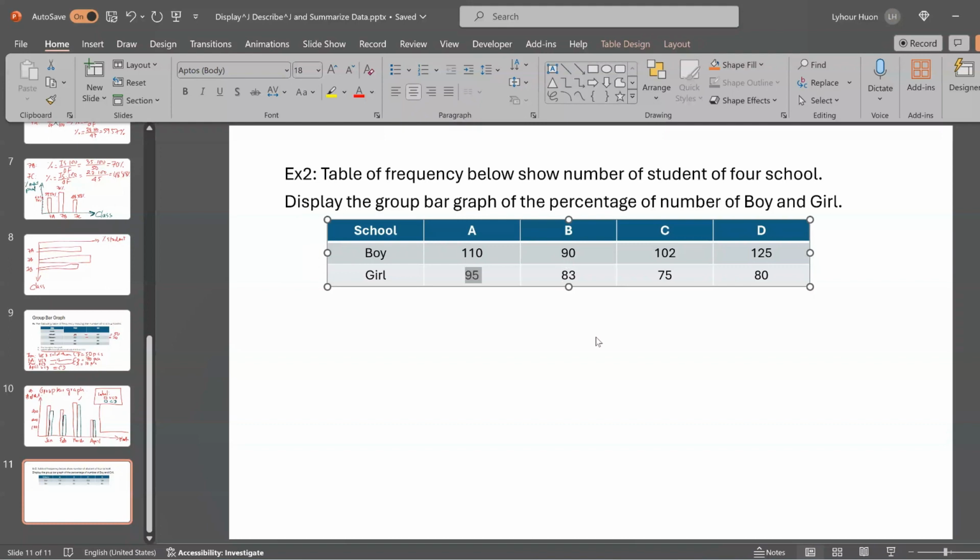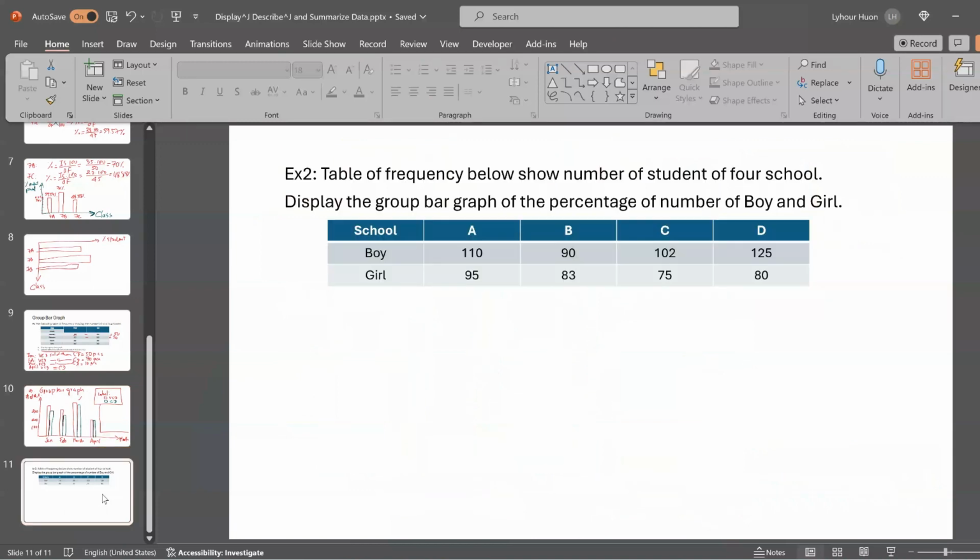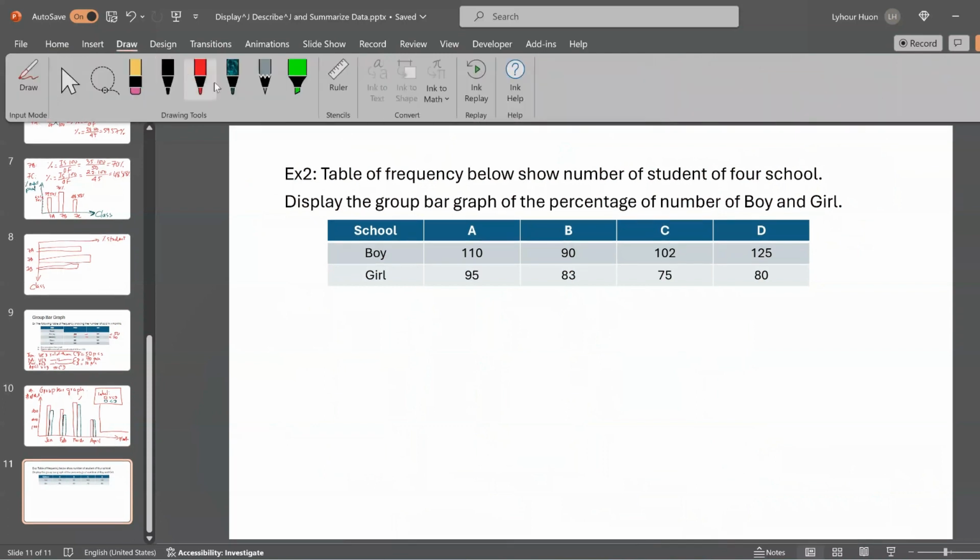But if you show the data as just a simple frequency, then you cannot see how many boys and how many girls in percentage. What you want to know is to balance them. So you ask your assistant to do a group bar graph, but display it in percentage.